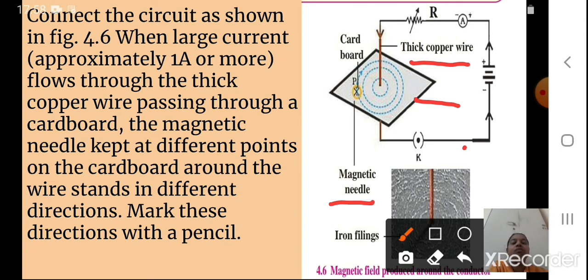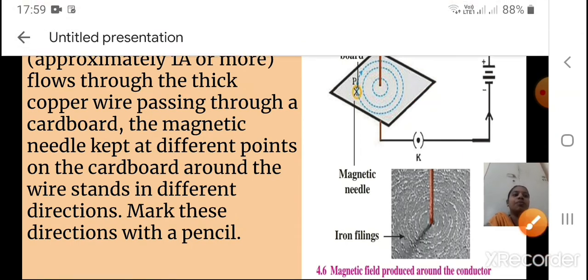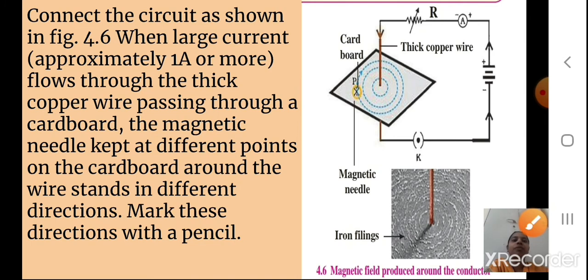Mark these directions with a pencil. Can you see these blue circles? These are the directions of the magnetic needle. It is changing its position as the current is flowing through the thick copper wire. Why it is changing, we will see next.